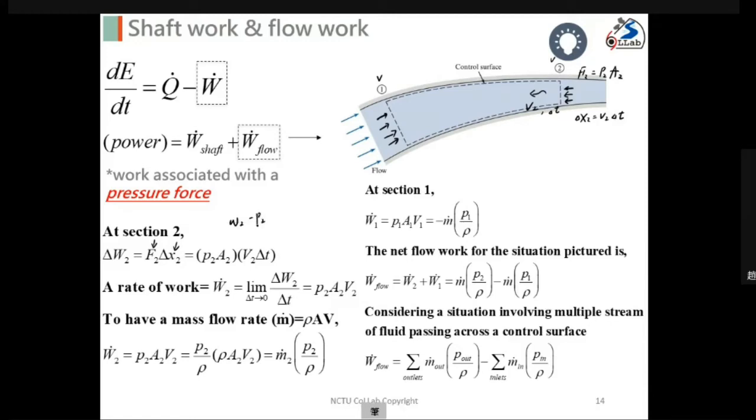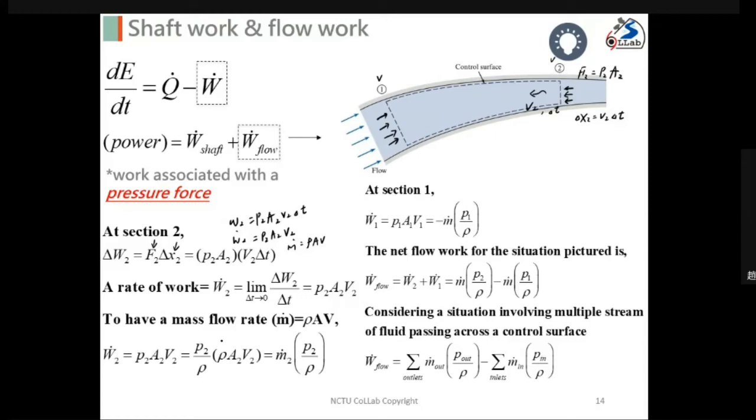So we know that the work of the pulsation 2 is P2 multiplied by the area 2, and we have the velocity and multiply the delta t. But we would like to compute the rate of the work, the power. So finally, we only have P2, A2, and the V2 velocity.